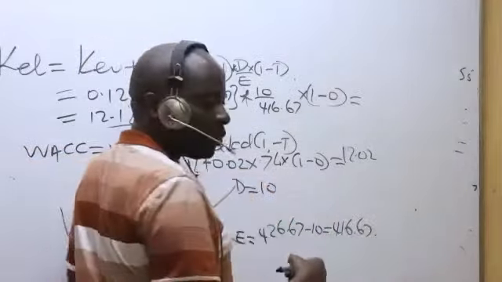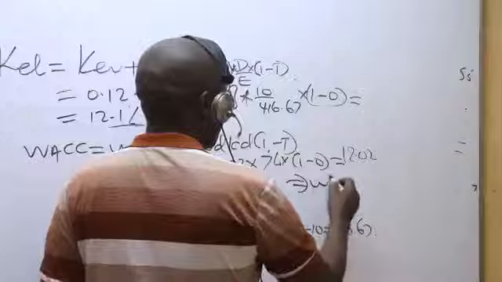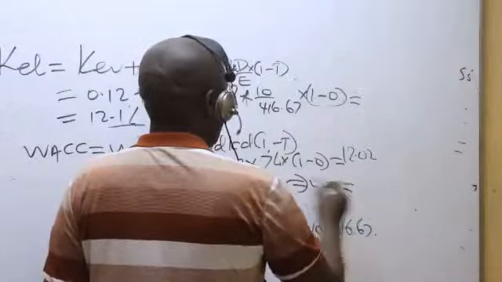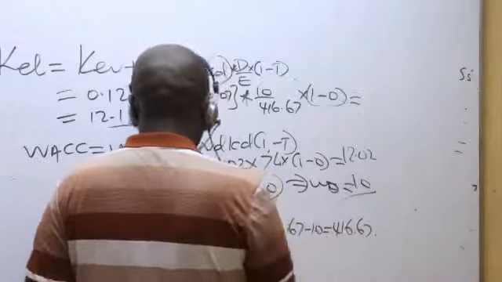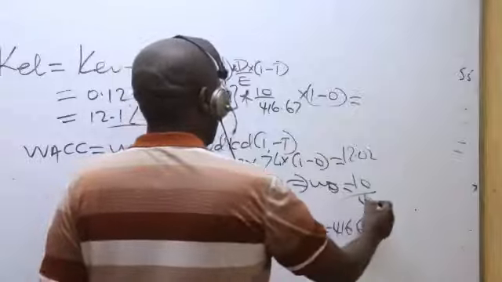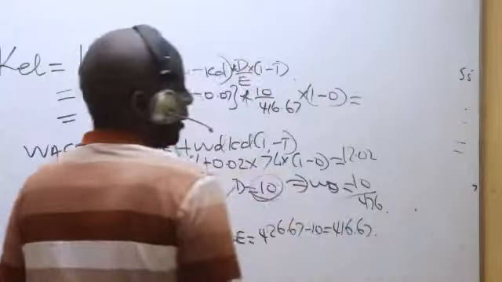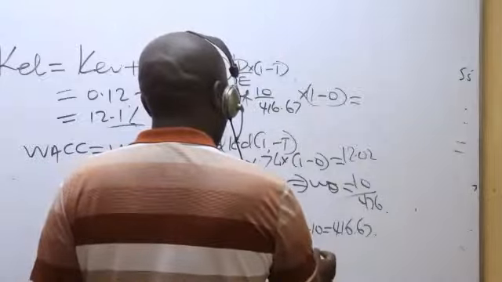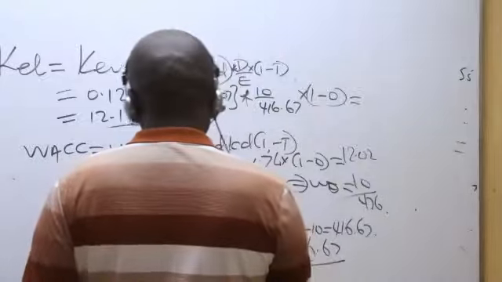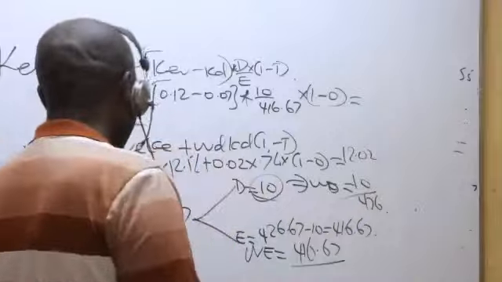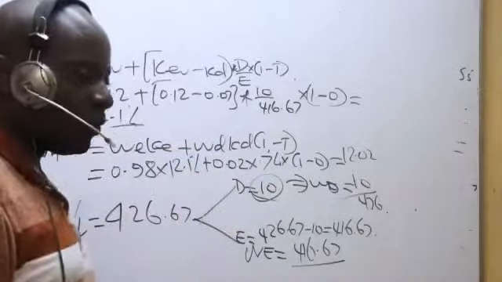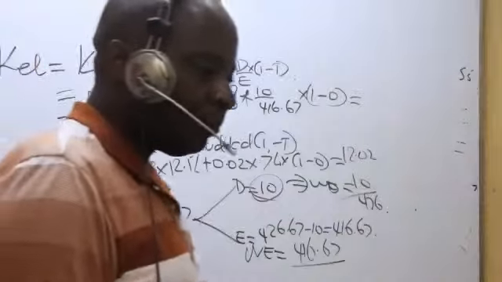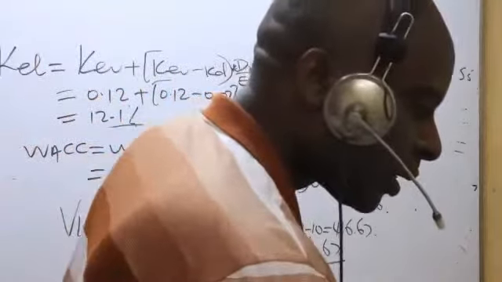And therefore, in terms of weights, weight of debt will be the debt amount 10 over the total value, 426, not 416. Then here weight of equity will be this 416, which is the equity amount, divided by the total value, 426. Let's try that. And again, you'll have access to this video, which you can work with.